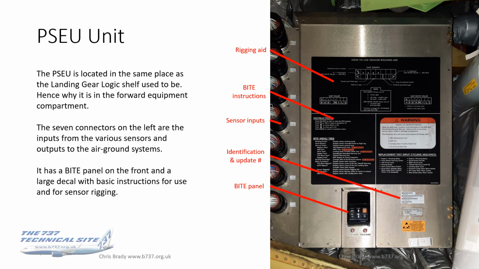There's also a BITE panel on the front for error checking and fault finding, and a large decal toward the top, which has basic instructions for use and also instructions for sensor rigging.